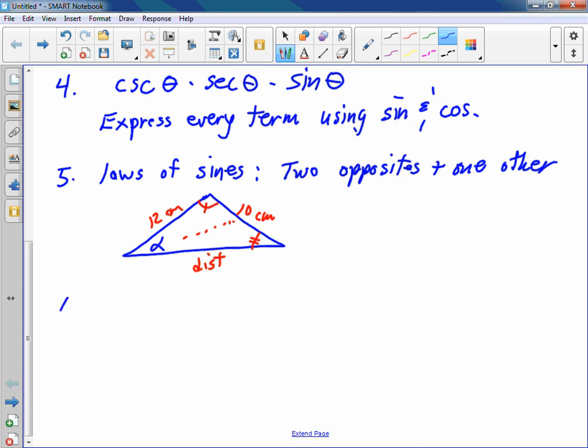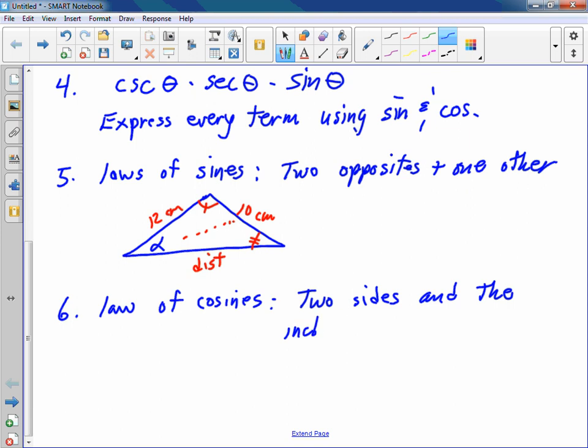The law of cosines, we use that when you know two sides and the included angle, or if you know three sides. They work both cases.